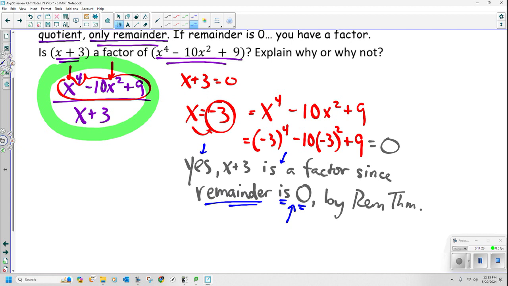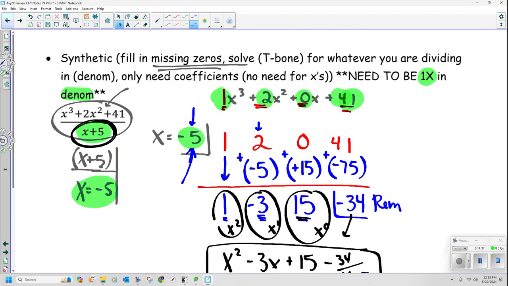Okay? Now, I don't think I got to prove to you that the remainder is 0 by actually doing out the work. If I would have taken this problem here, and I solve for x plus 5, I get x equals negative 5. If I threw a negative 5 in for this x, and a negative 5 in for this x in the calculator and hit enter, I would get negative 34.